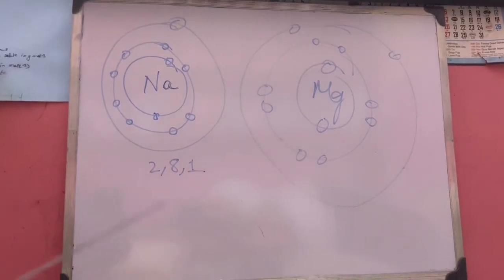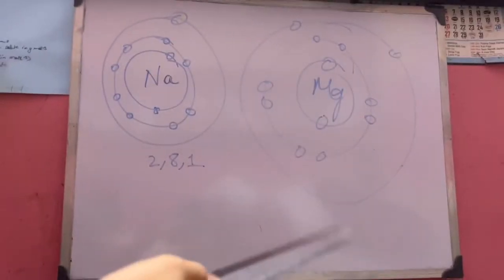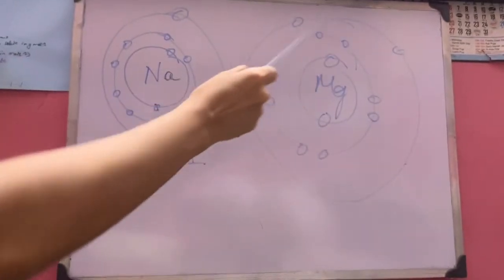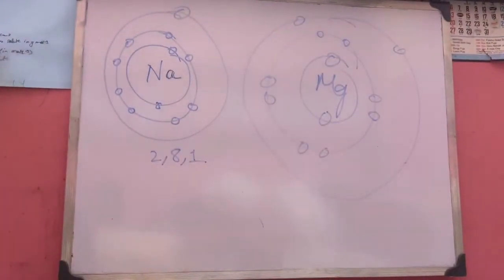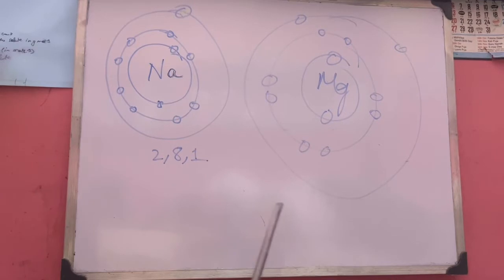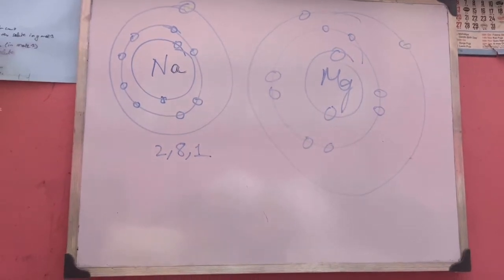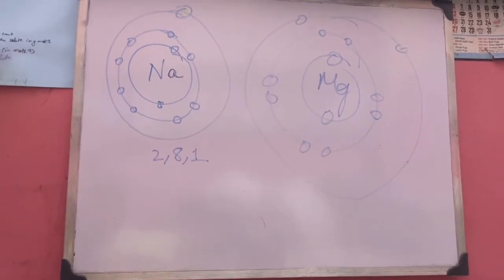Similarly, in case of magnesium, it has 2 electrons in its outermost shell. The atomic number of magnesium is 12, so its electronic configuration would be 2, 8, 2.